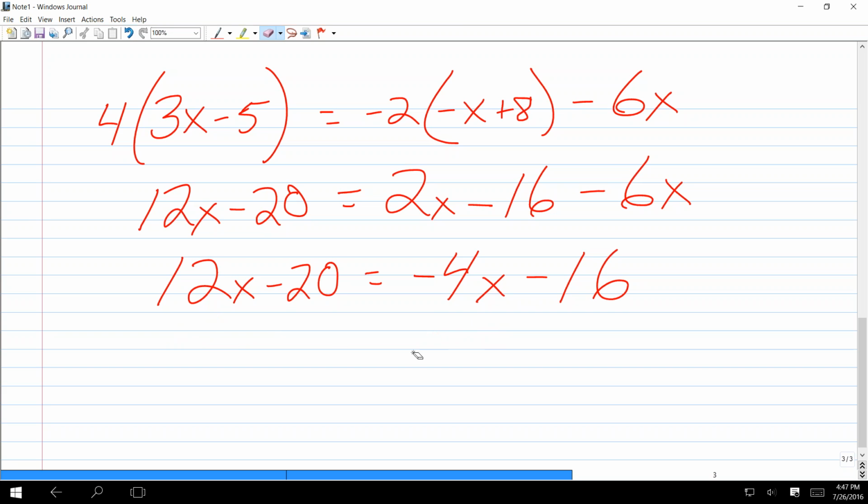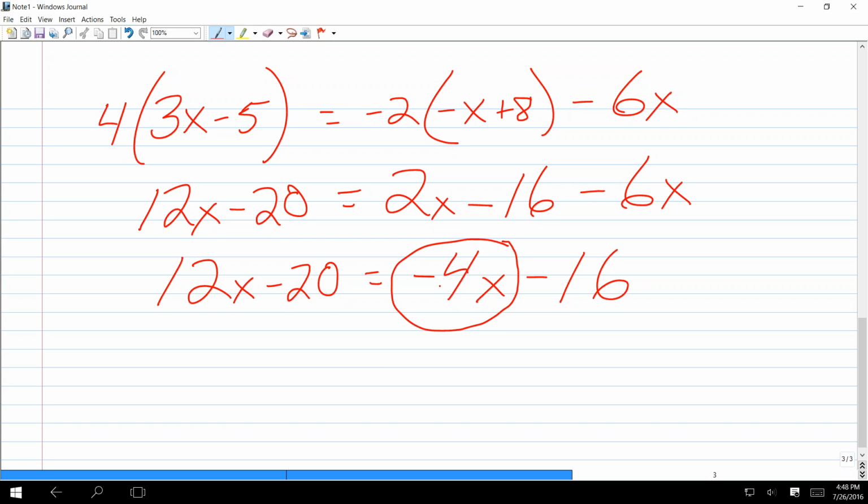Now, until you get really good at it, this is the way to do it. But once you've done it for a while, you don't need to really waste the time adding 4x, because I can do that all day long, but I know what I'm going to get. I'm going to get 0 after I do it. So why even write it? My method that I like better is if I want to take something and move it to the other side of the equation, I just do it and change its sign.